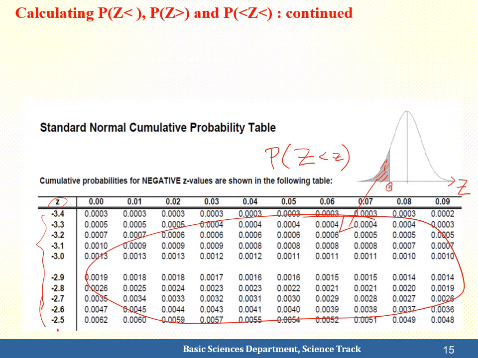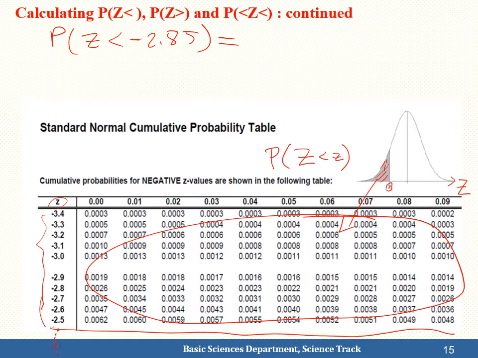These numbers are not limited to those. We have more, but I cut it because we cannot see all of them here. So let's do some examples. What's the probability that z is less than negative 2.85? I will choose a number here, negative 2.85.